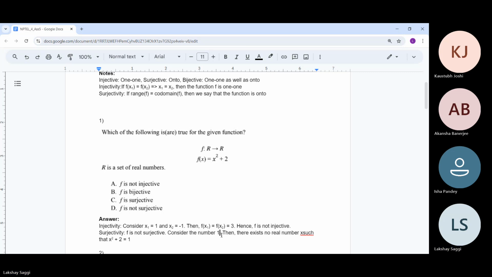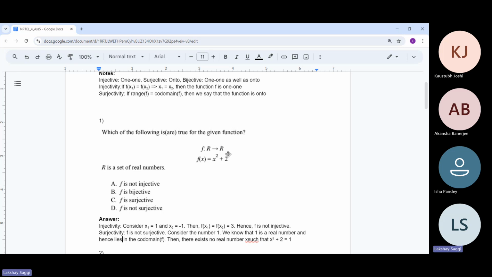Also, we know that 1 is a real number and hence lies in the codomain. So we know that 1 lies in the codomain of f, but we'll show that it does not lie in the range. And so range and codomain are not equal.